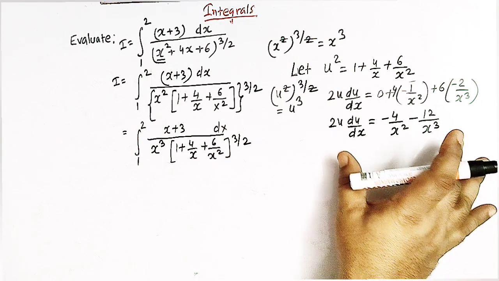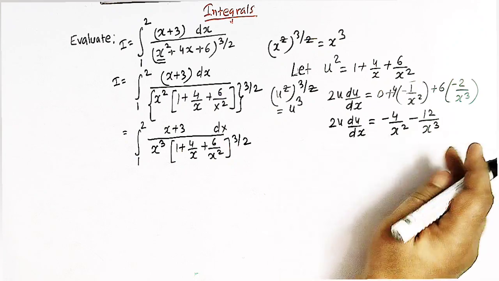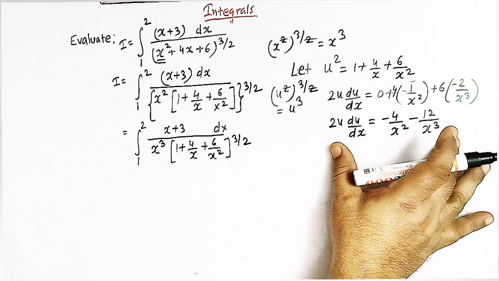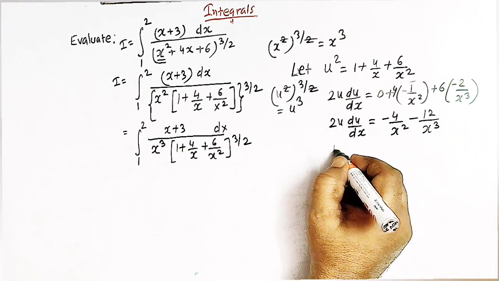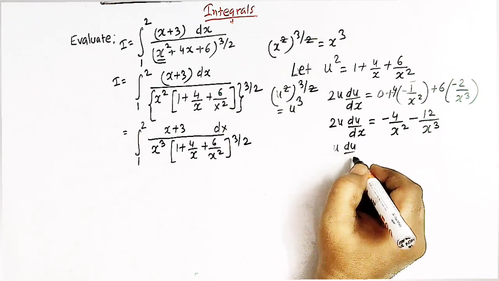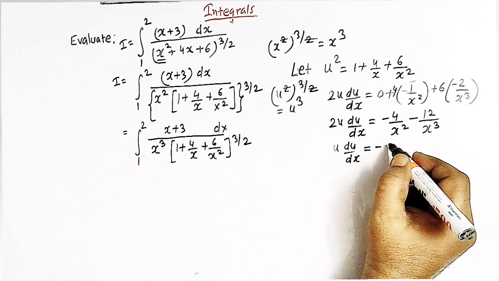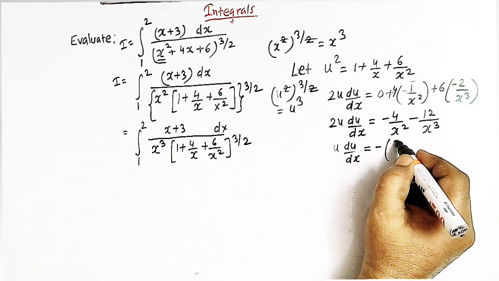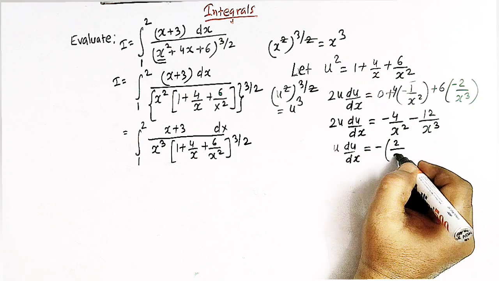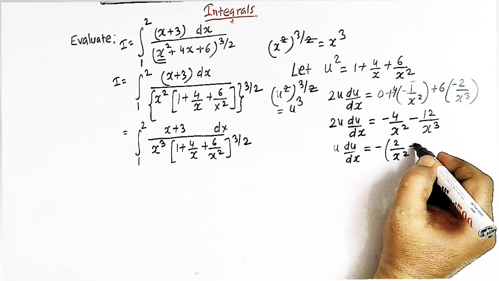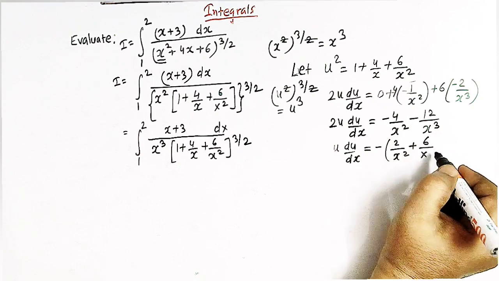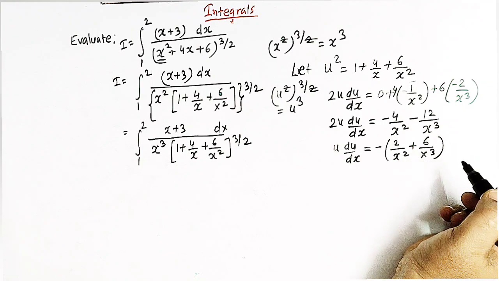So now let us rearrange the terms, and let us first divide both sides by 2. So we have u du over dx, and here we can take the negative sign outside, and here we are left with 2 over x square, and here we have 6 over x cube, right?